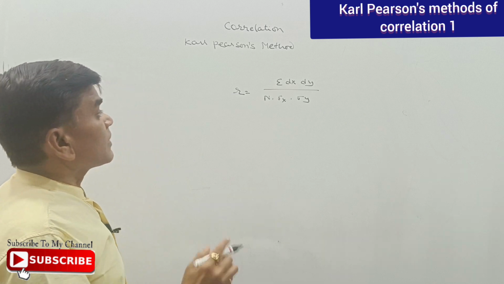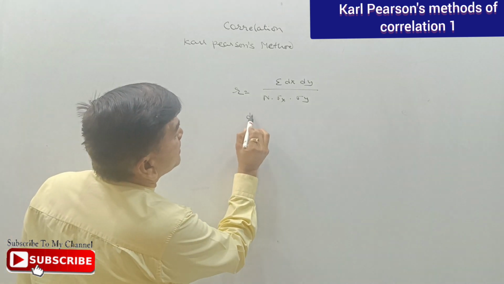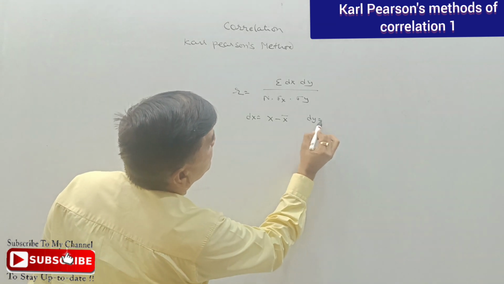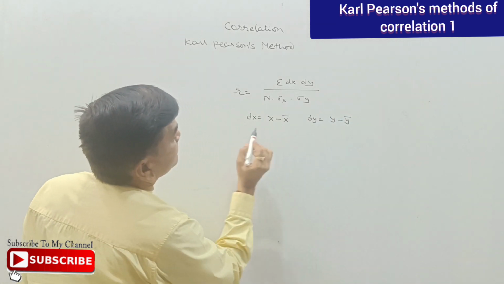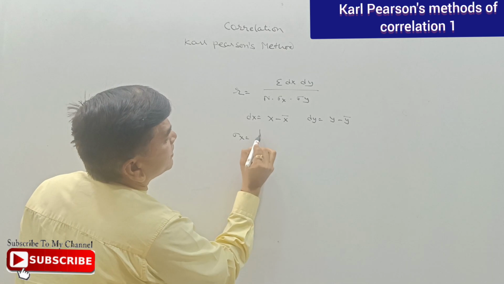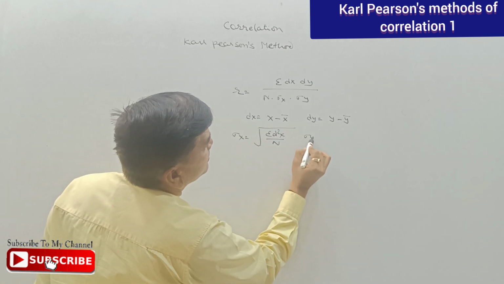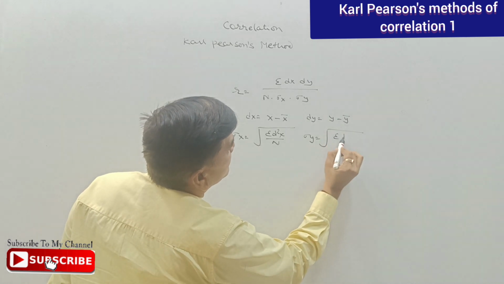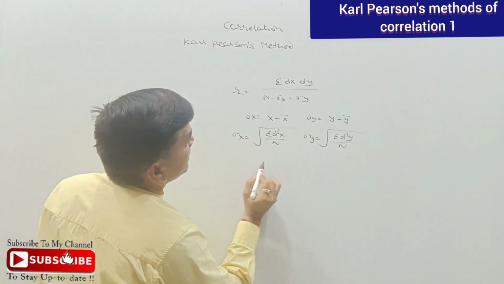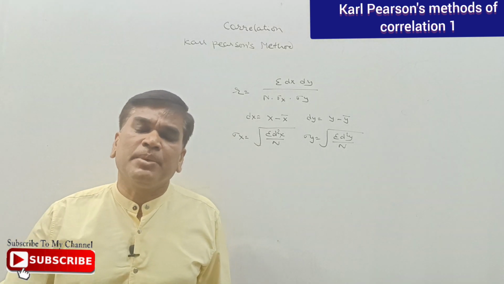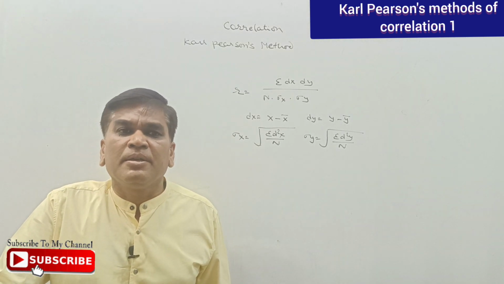Here dx is equal to x minus x bar and dy is equal to y minus y bar. Standard deviation x is the square root of sigma d square x divided by n, and standard deviation y is the square root of sigma d square y divided by n. So this is the direct method of correlation.